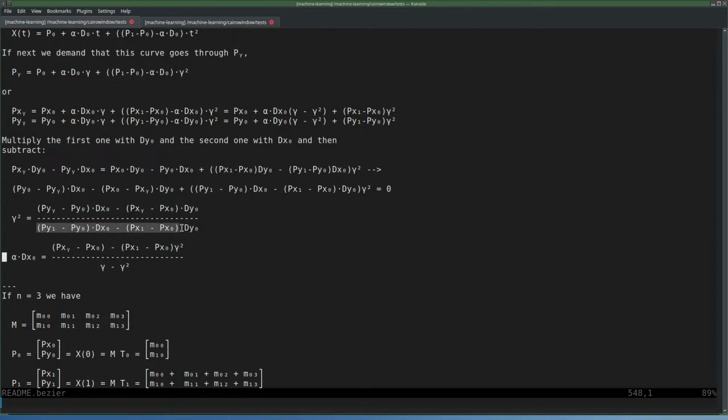Likewise, this cannot be 0, I suppose. Which is the dot product between the normal of a vector p0 to p1 with the direction vector.